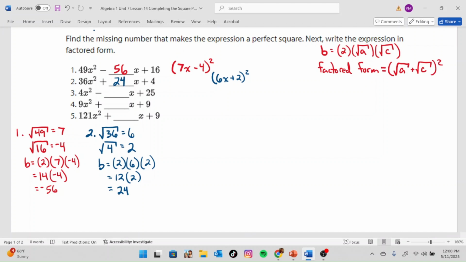As I was saying, 6x times 2 is 12x. Again would be 12x. So 12x plus 12x is 24x. So that gives us the bx term. And then 2 times 2 is 4, which gives us the c term. So these are the correct answers for number 2.